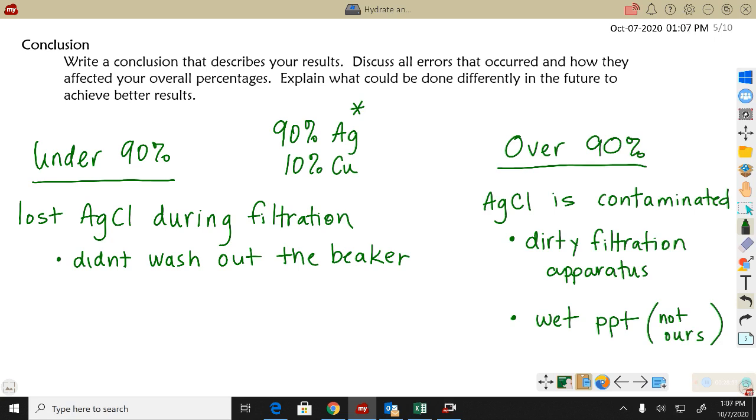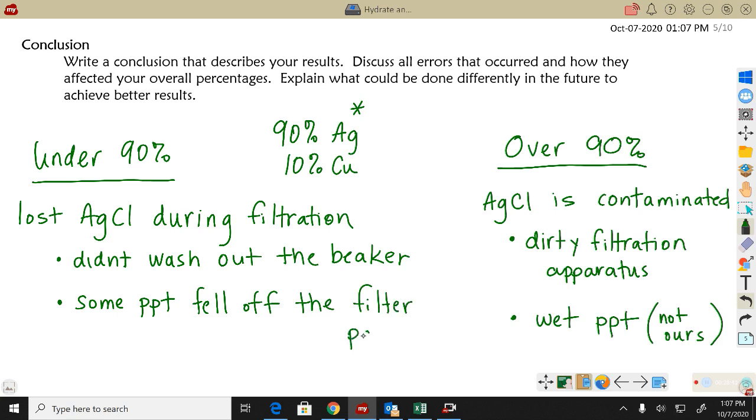Well, then somehow we lost product. And so when we're filtering, and maybe you remember from last year, you got to add extra distilled water. You got to make sure that you completely rinse out your beaker. We got to make sure that we don't lose some of the precipitate off the filter paper. So maybe some precipitate fell off the filter paper.